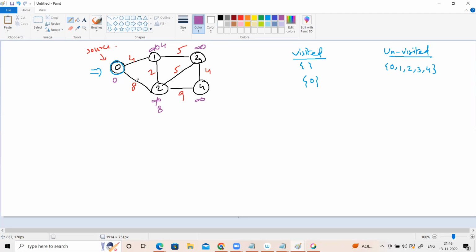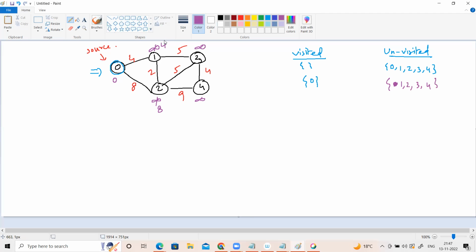From a high level, we are trying to travel from one node to another, choosing the minimum path. Right now every node is unvisited except 0, and we have 1, 2, 3, 4 remaining. Which has the minimum cost between 1 and 2?